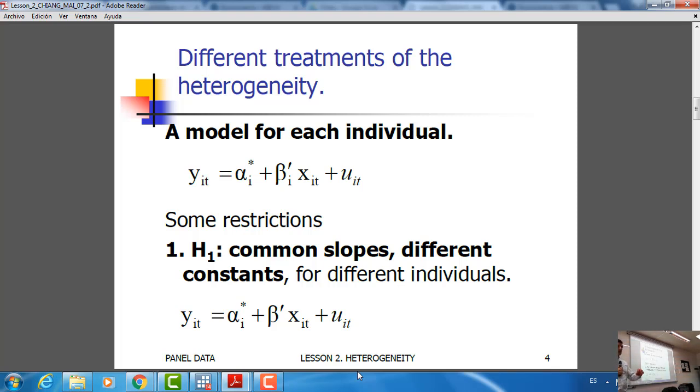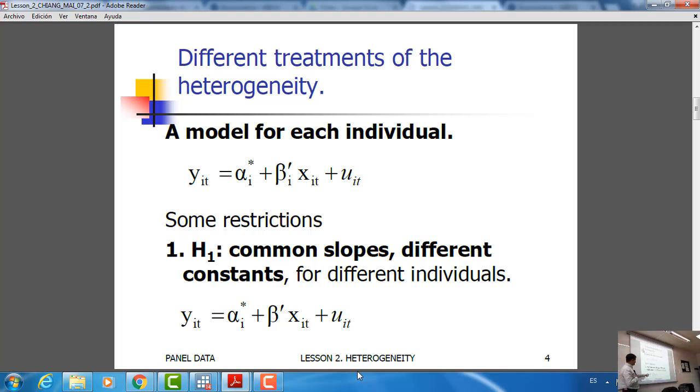That the slopes are the same for all the individuals. How many slopes do we have? Capital K. But capital K is not 1 million. It's 5, 6, 7. A few of them, not many.